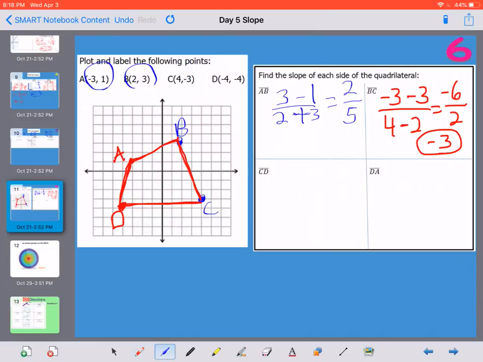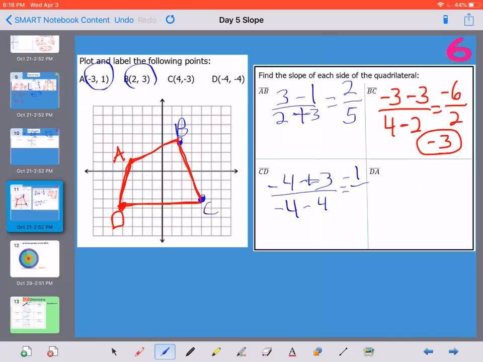C to D. So D is our second one. Negative 4 will be our y2 minus a negative 3. Negative 4 is also our x2 minus 4. So I'm going to make those positive. Negative 4 plus 3 gives me a negative 1.